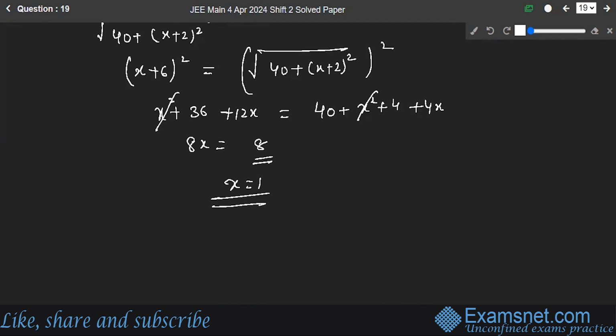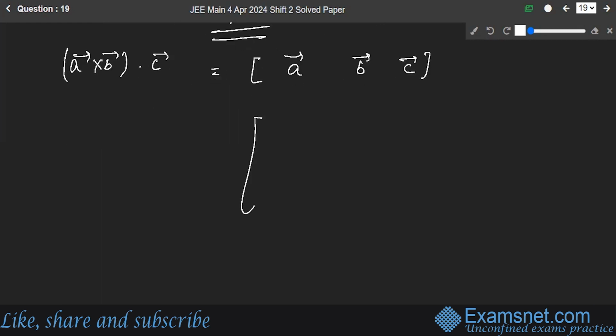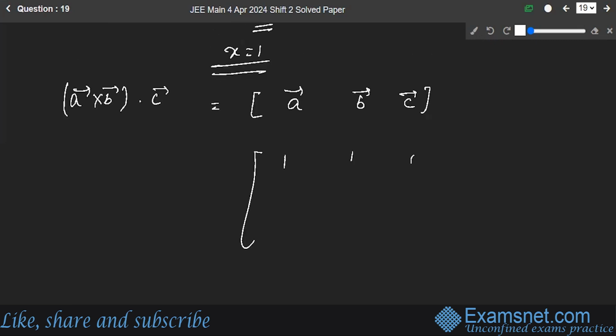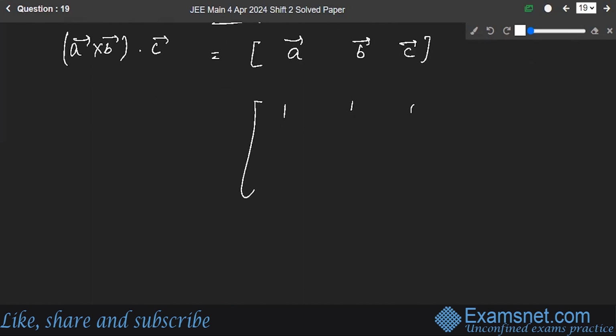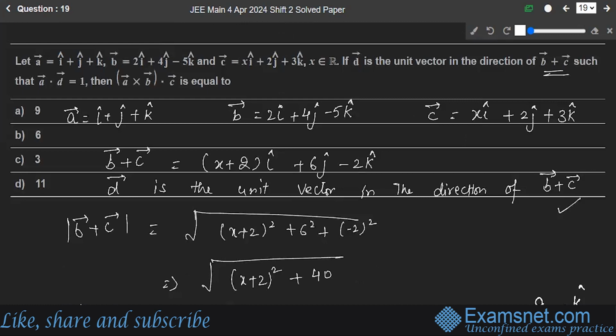Correct. So what you have to find was the cross product of A and B, dotted with C. This is given by this. Let's solve. Here A vector was 1, 1, 1. What is your B vector? 2, 4, minus 5. And the C vector was x, 2, 3, with x equal to 1.